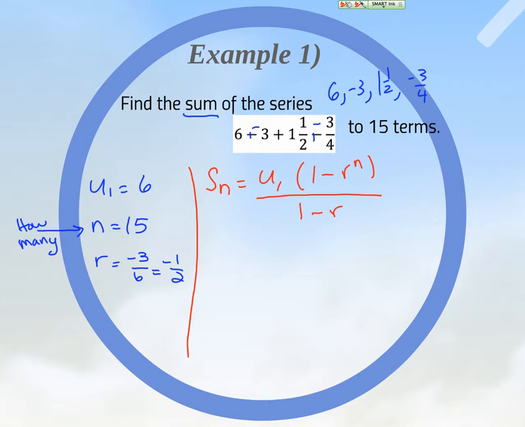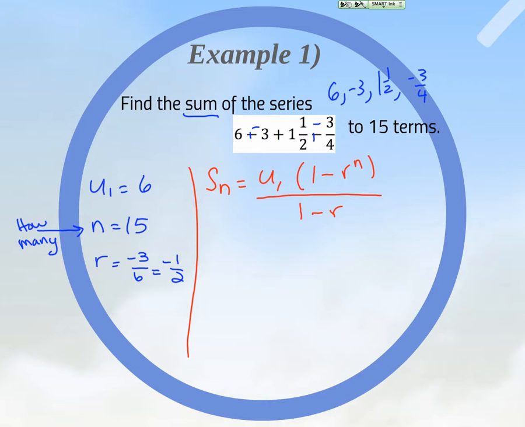Keep in mind, you can use the first one if you want. It doesn't matter. Also, if you really want to use the decimal instead of a fraction, I'm not going to stop you from doing that either.